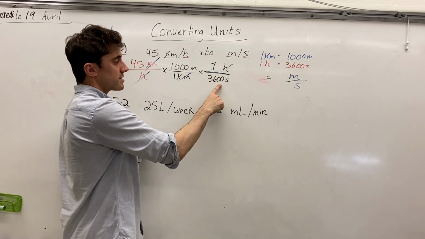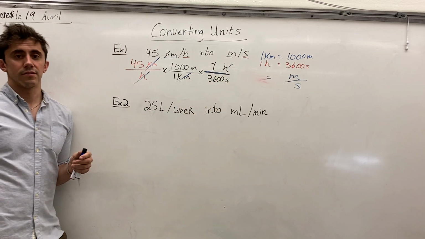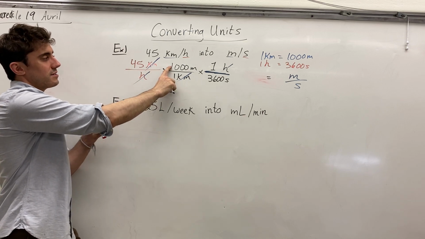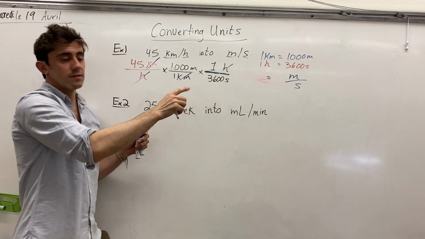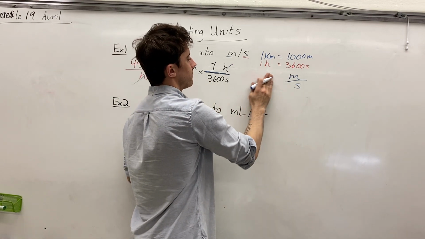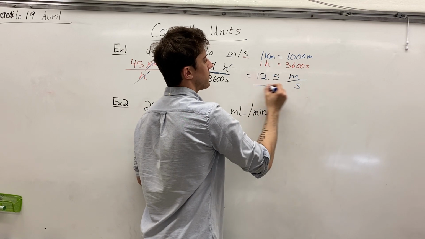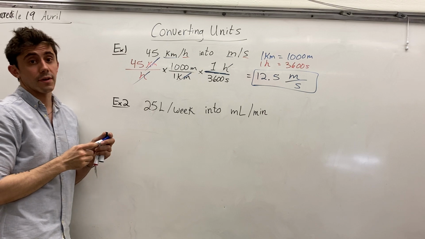So over 3,600 means divided by 3,600, okay? So 45 times 1,000 is 45,000, divided by 3,600 gives us 12.5 meters per second. And there we have it, okay?